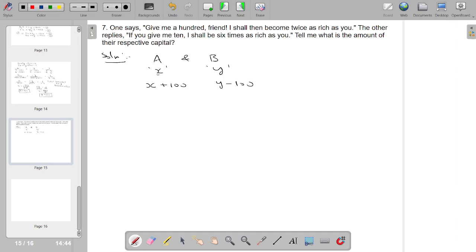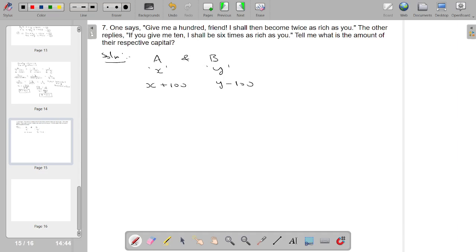Earlier they had X and Y, and when 100 rupees has been given by person B to person A, X will now be X plus 100 rupees, and Y is Y minus 100 rupees because he has given 100 rupees to him.